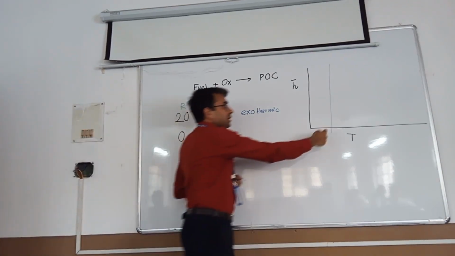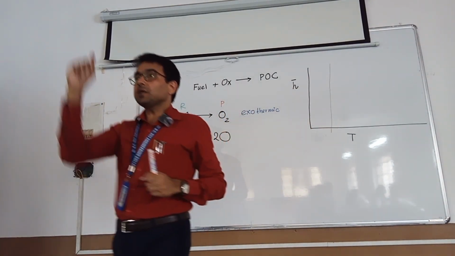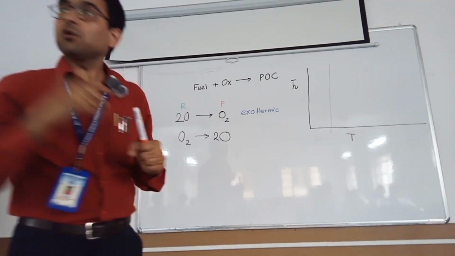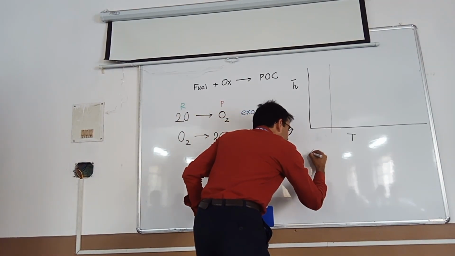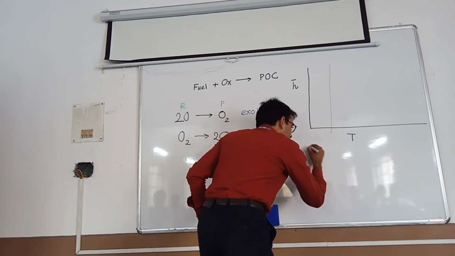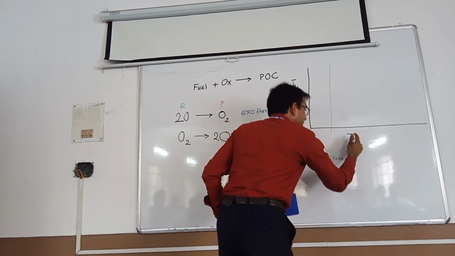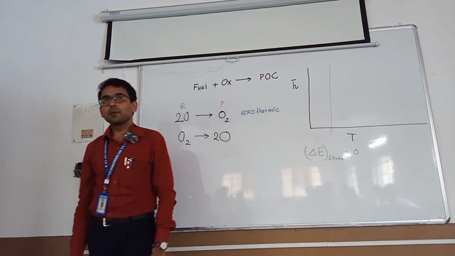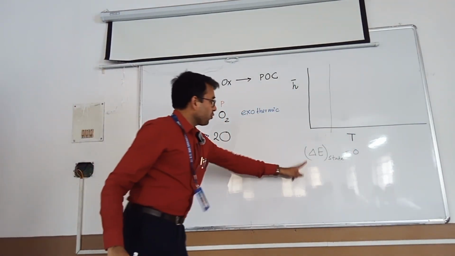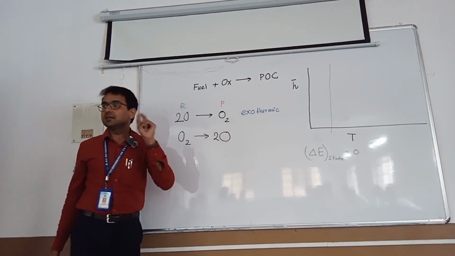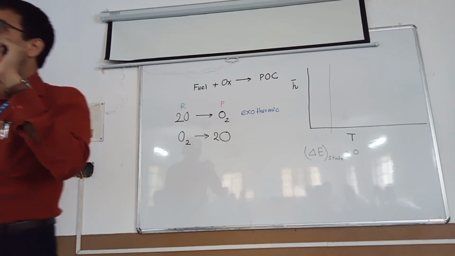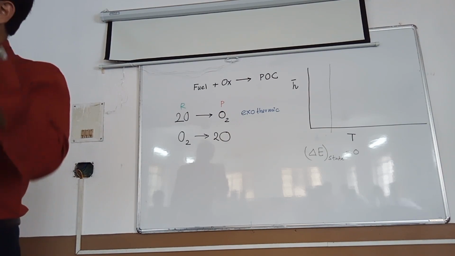Now at a particular temperature, what is the meaning? At a particular temperature, the state condition is 0. That means delta E state is equal to 0 at a particular temperature. Therefore, whatever change is taking place is due to chemical change, right?